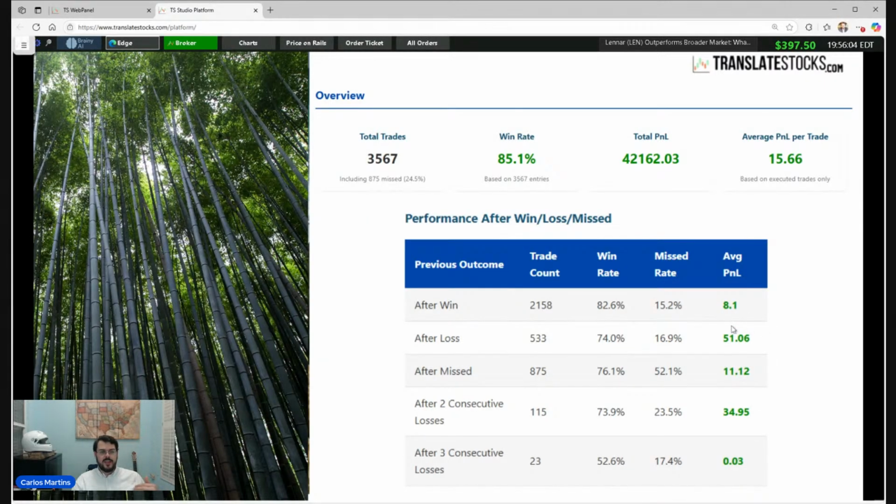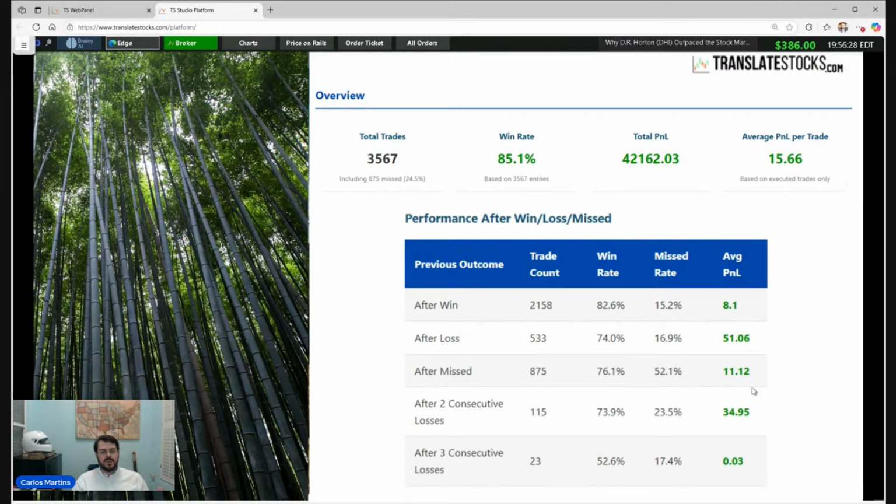The different thing here is that if you do have 2 consecutive losses, because it's so hard to have a loss in this kind of configuration, then your average P&L after those 2 losses also is very, very profitable. So after 1 loss, it's profitable. It's more profitable than the other entries.